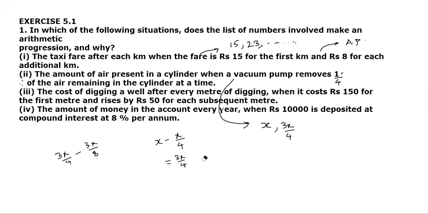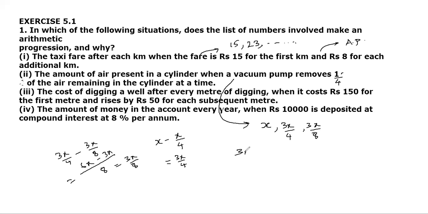X is the total amount and 1/4 of x is x/4, which is removed. Now LCM is 8, so 6x minus 3x gives 3x/8. Correct? So after two terms, you can see the difference.